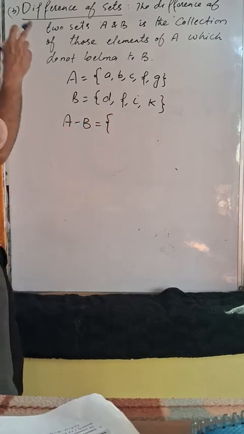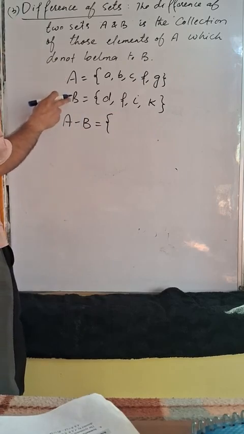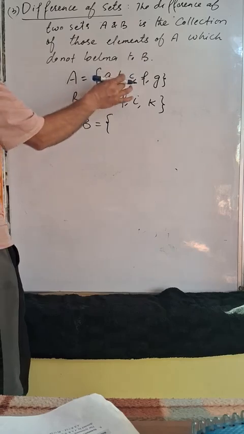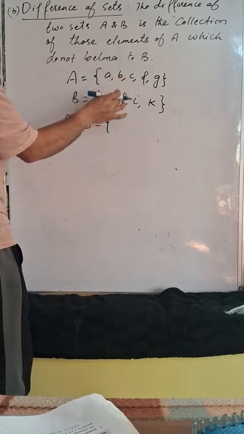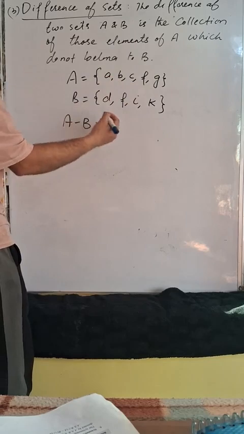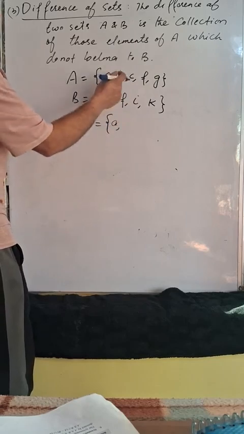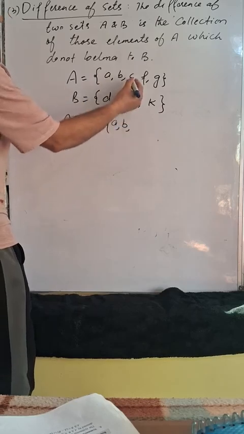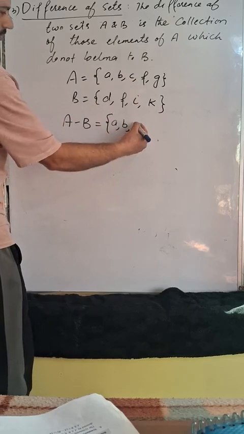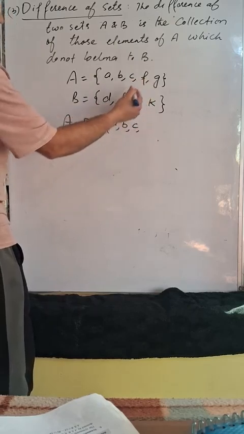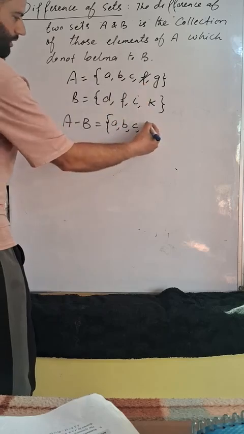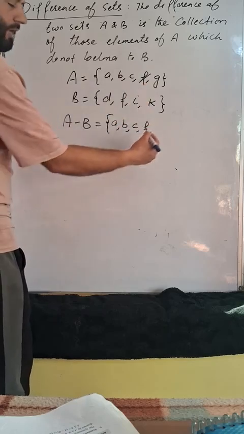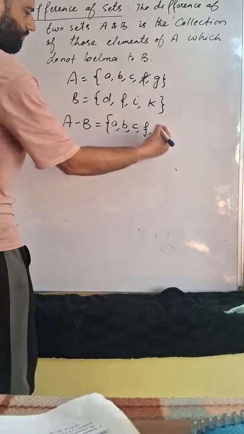Collection of those elements of A that do not belong to B. See the elements of A which do not belong to B. Does a belong to B? No. So a. Does b belong to B? No. So b. Does c belong to B? No. That is c. f and f is common, so it will go off, and we have g.